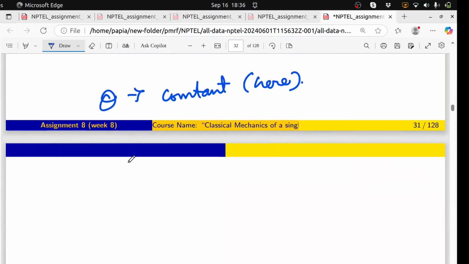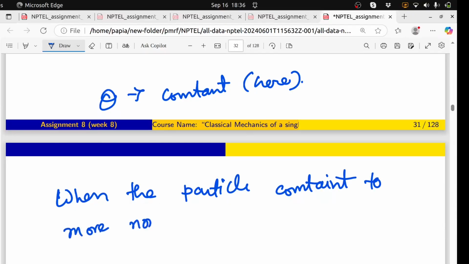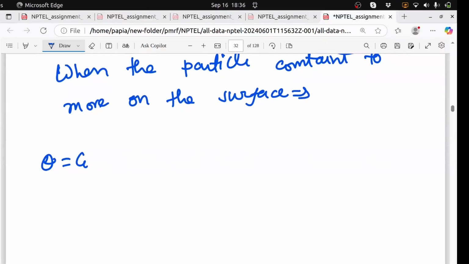Okay, so when the particle is constrained to move on the surface, we will have the conclusion that theta is constant.